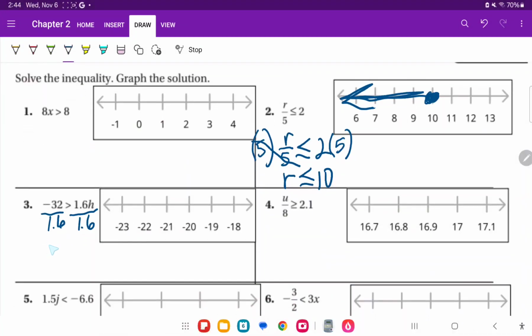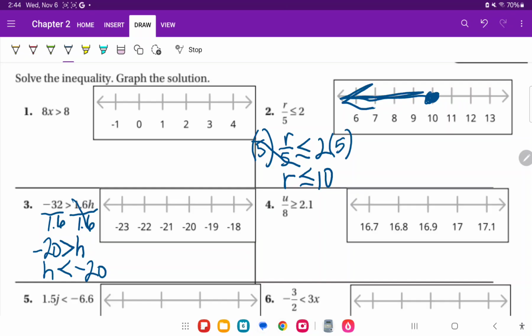So I have negative 20 on the left, bring down my greater than, then the 1.6 cancels out. Now I can't leave the h on the right, so I have to switch it around. So my final answer here is h is less than negative 20.